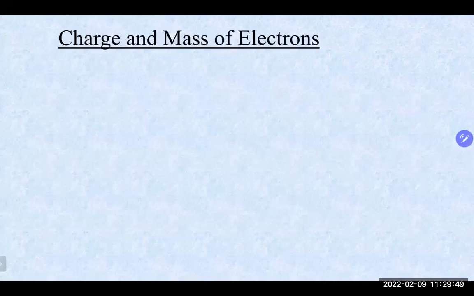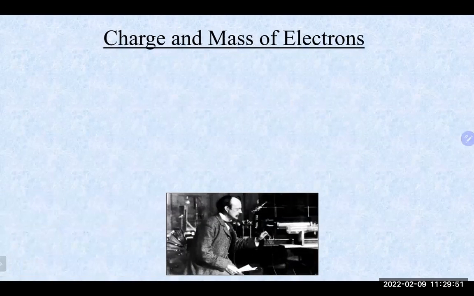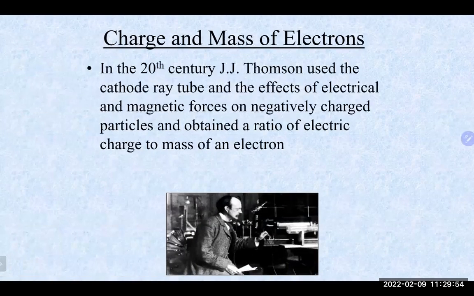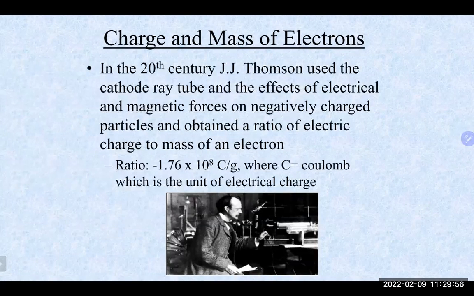All right, so one of the first experiments that really took advantage of the CRT tube was one done by Thomson. J.J. Thomson did a lot of work with CRT tubes. And because it was giving off these negatively charged particles, he was able to figure out an important aspect of electrons, which was the charge to mass of an electron.